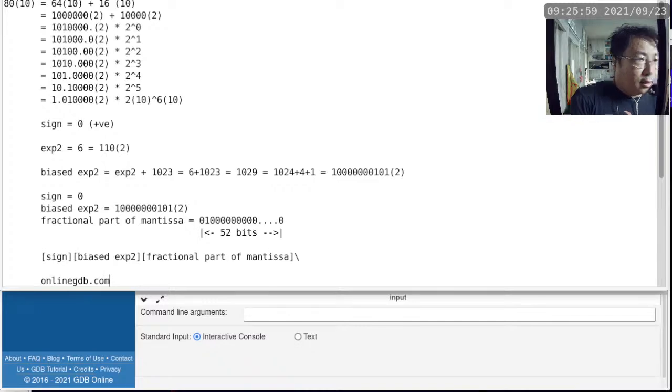And then Lal asks, how was 1029 changed to 1024 plus 4 plus 1? Because 1024 plus 4 plus 1 is 1029? I know I'm answering the question in a circular fashion because that is how I do base conversion.